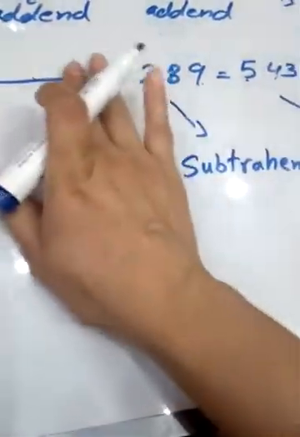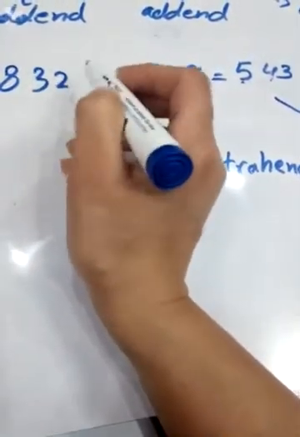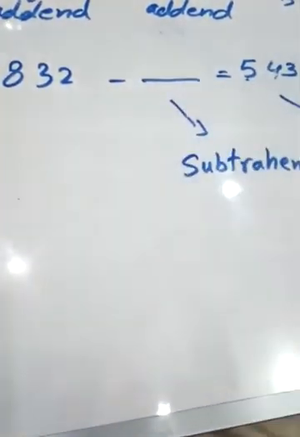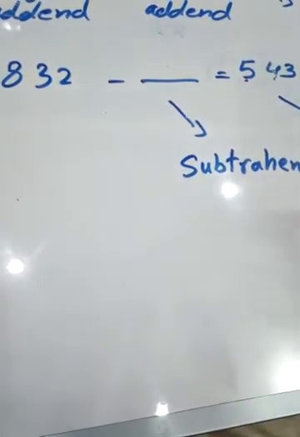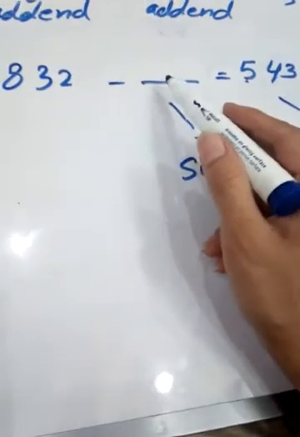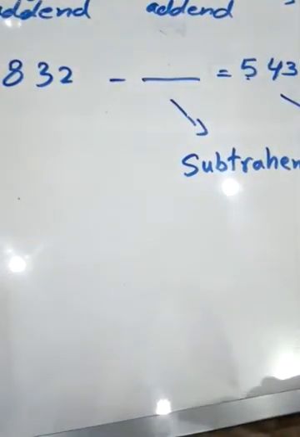But if we have our minuend here, which is 832, and the subtrahend is missing, then what do we have to do? Now this is the difference. When the subtrahend is missing, we have to subtract. Keep that in your mind.